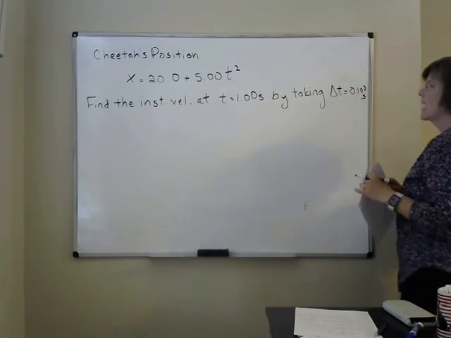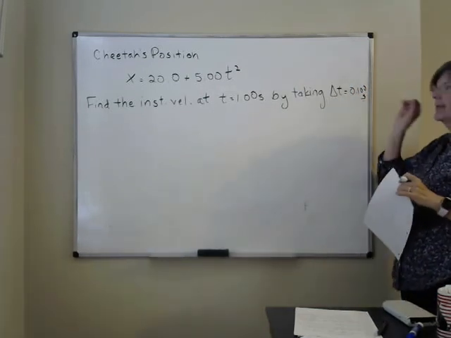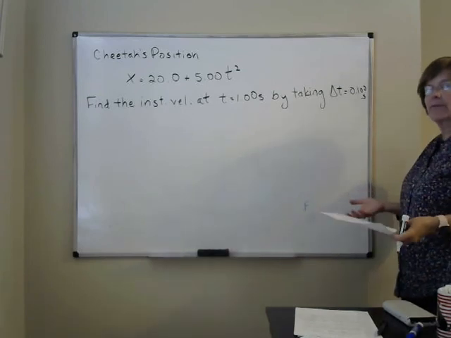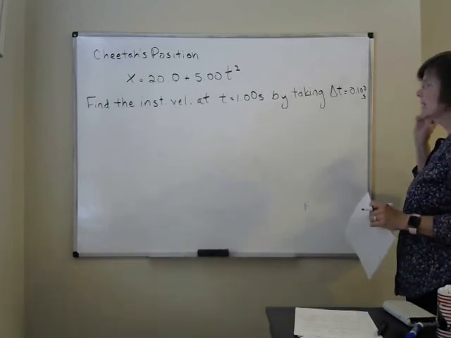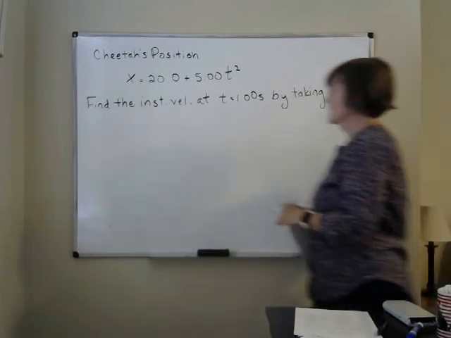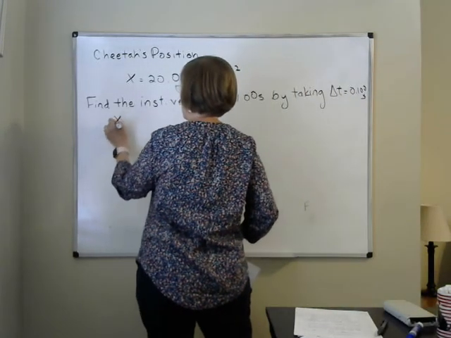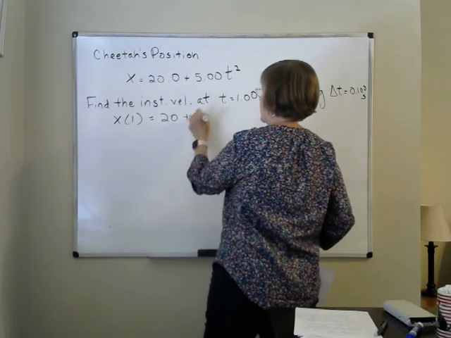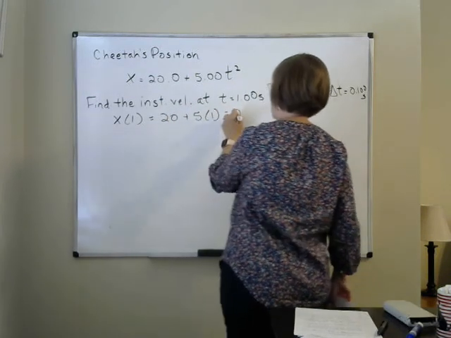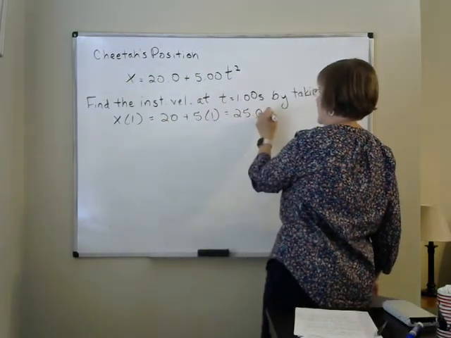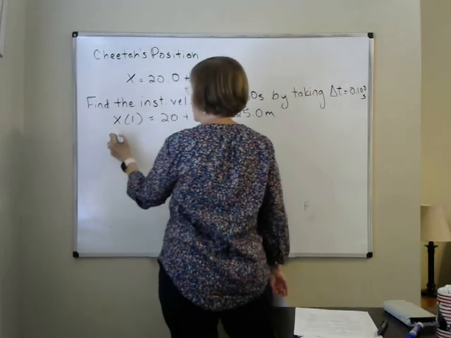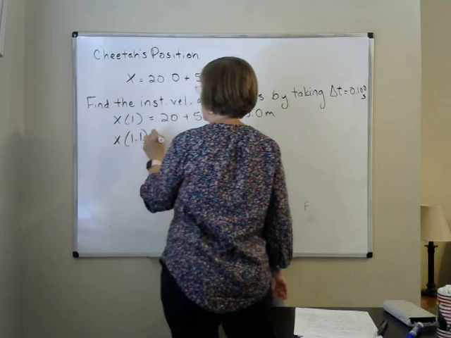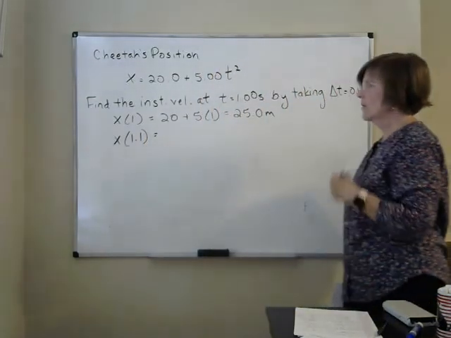In other words, I'm going to let my time interval be 1/10 of a second. Not 1 second like I did a minute ago and I got 15 meters per second. I'm going to let it be 1/10 of a second. So, what was my position at 1? Well, it's 20 plus 5 times 1. It was 25.0 meters.